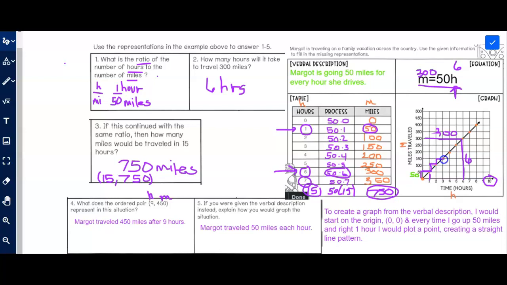Every time you go up 50 miles and right 1 hour, you would plot a point, creating this straight line pattern. And then at the end of our line, we would put an arrow to say there are more to this. It just keeps running up to infinity. So that would give you your graph. Just from the verbal description, we could create this graph very easily using that unit rate 50 to 1.